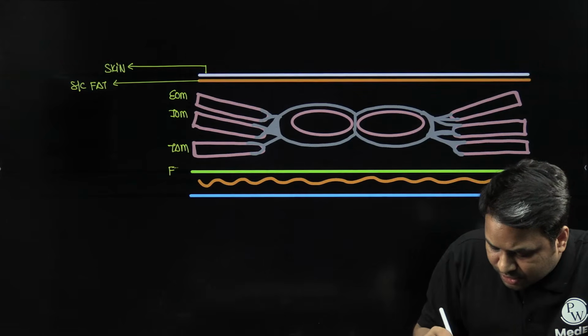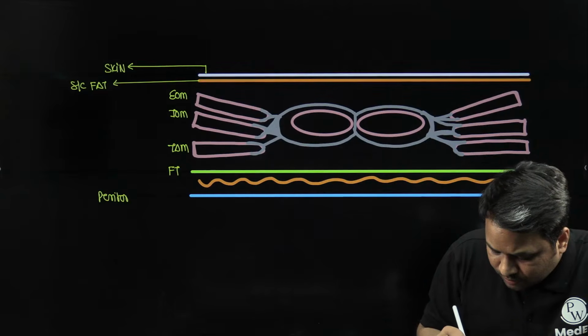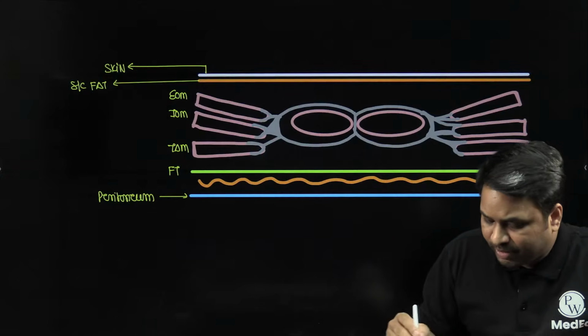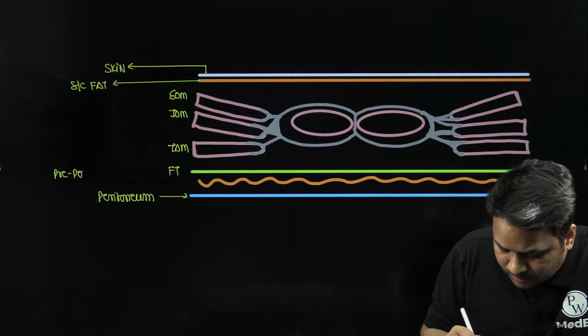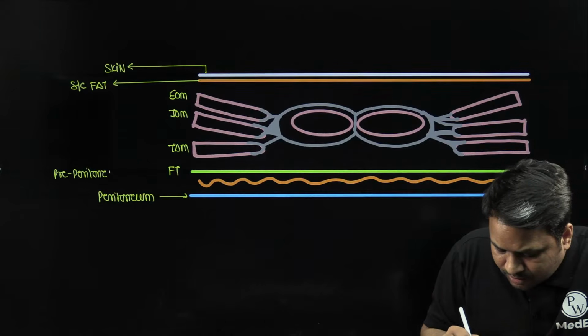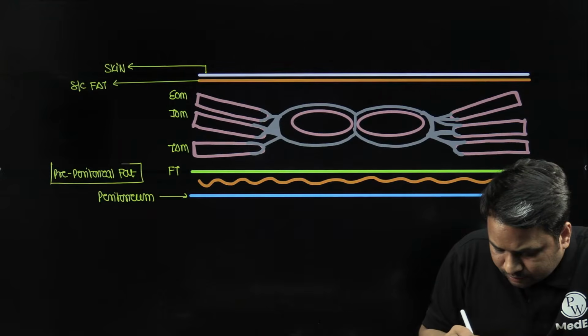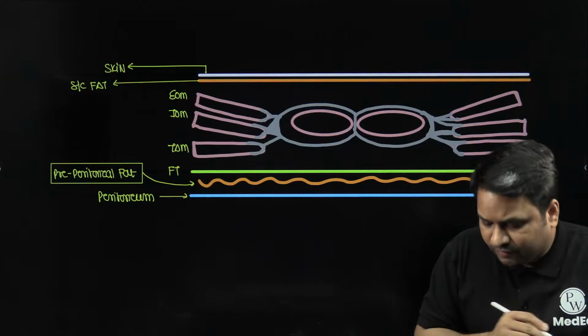This is your fascia transversalis. This is your peritoneum. This is your peritoneum that is present, and this is your preperitoneal fat. This is your preperitoneal pad of fat.